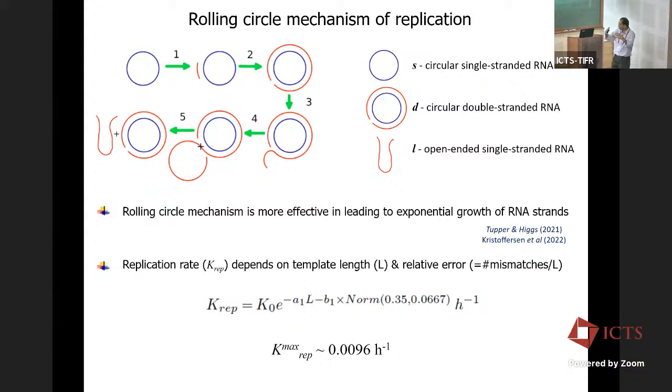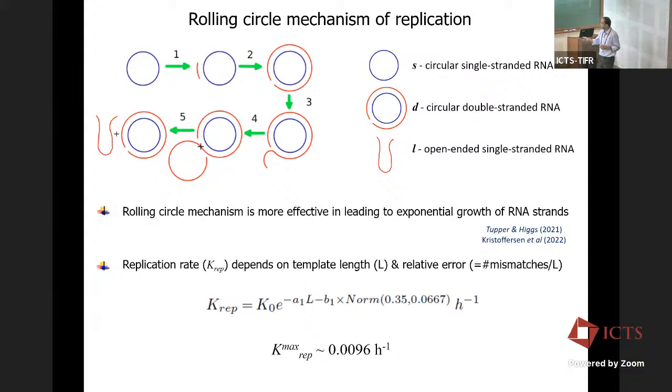So in order to avoid this problem called the strand separation problem that is found for linear templates, we were motivated by work done by Tupper and Higgs and Christopherson et al. to look at a mechanism called the rolling circle mechanism, which is used in viruses.